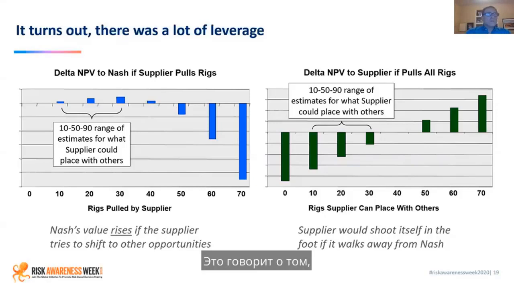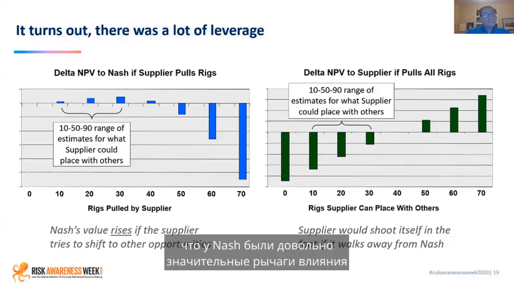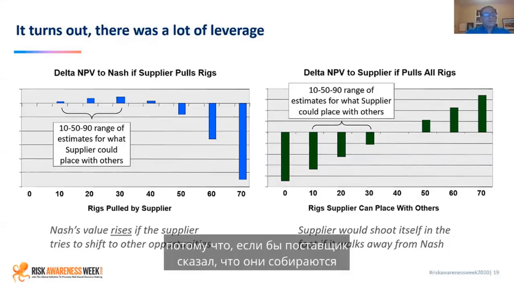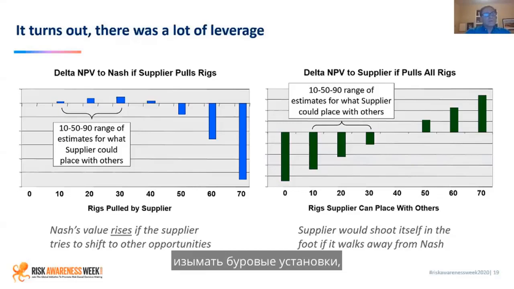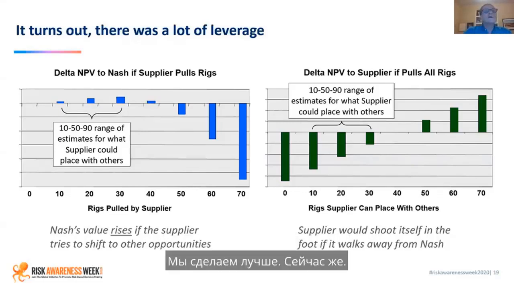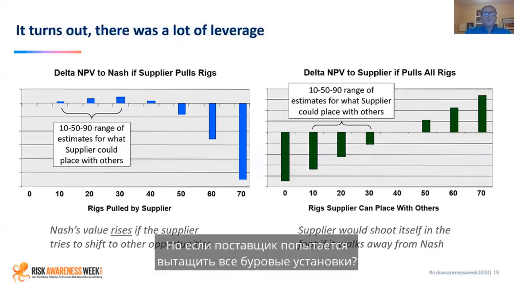So this told us that Nash had quite a substantial amount of leverage, because if the supplier said they were going to pull some rigs, Nash could say, fine, go ahead, make my day. We'll do better. Now, what if the supplier tried to pull all rigs?